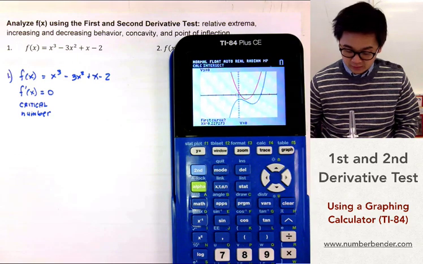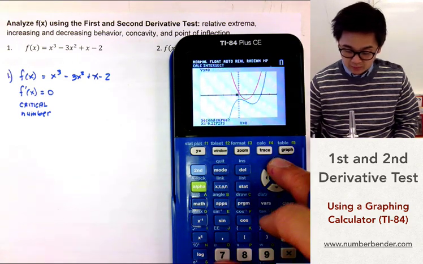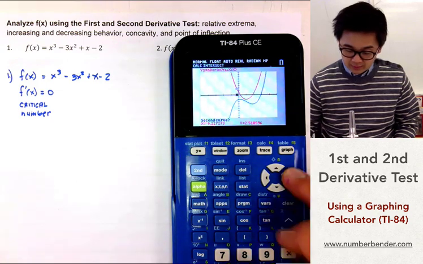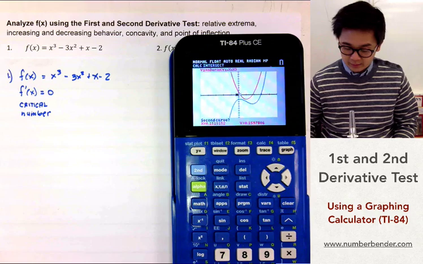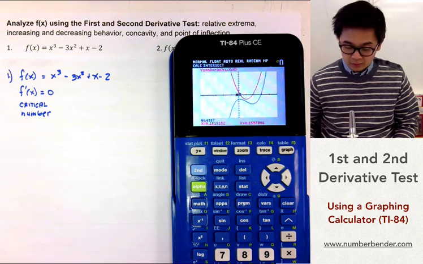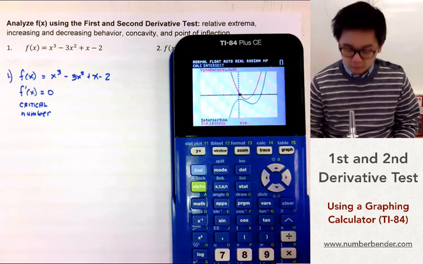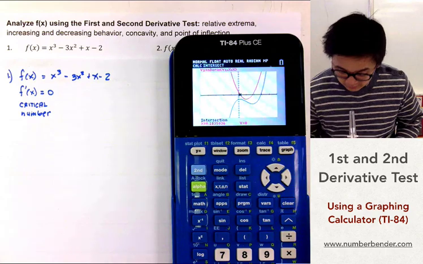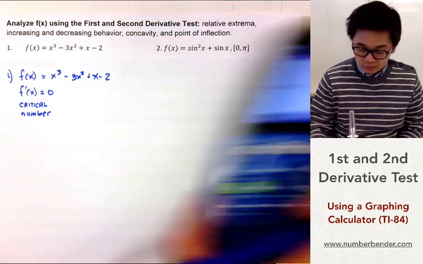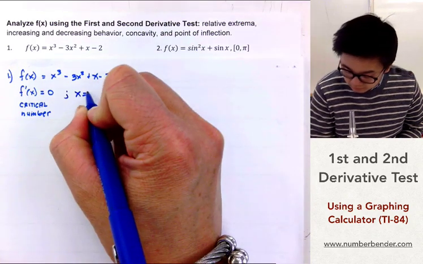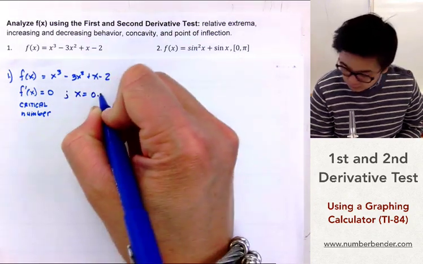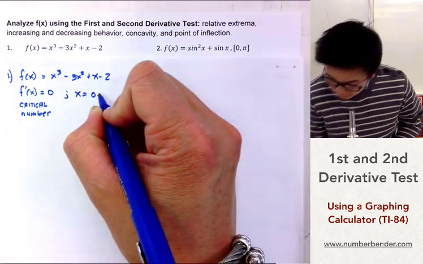So push enter as the first curve, and the second curve will be the red graph, and we can move this around. Let's put it closer to the point of intersection and push enter again, and our TI-84 will give us 0.184. So that's our first critical number, x is equal to 0.184.